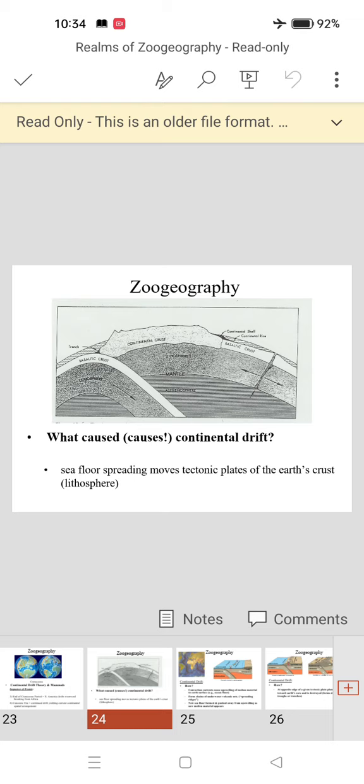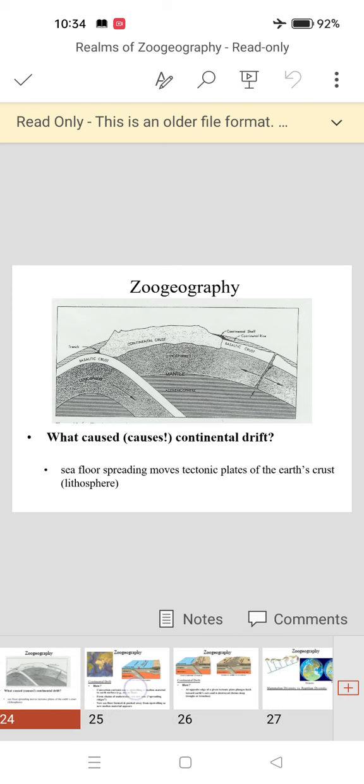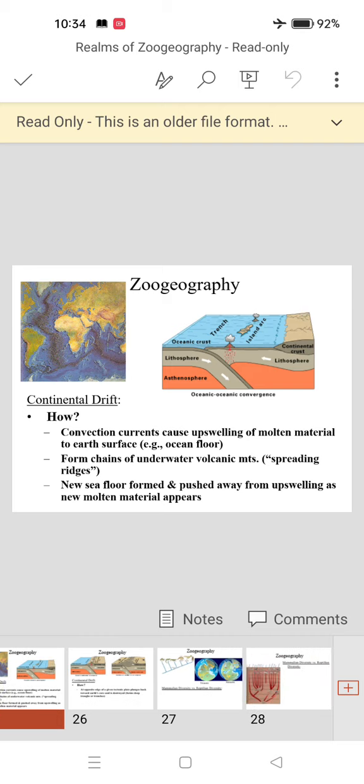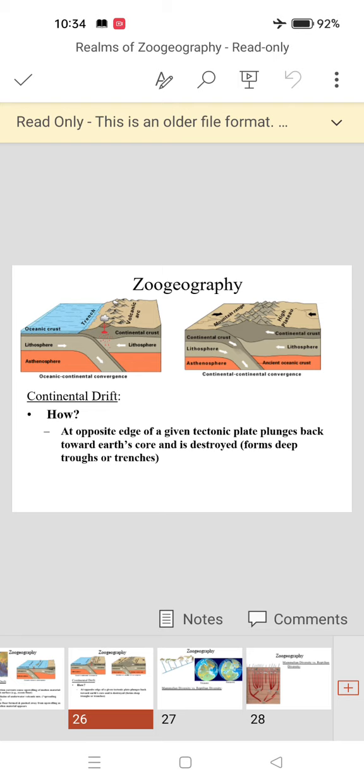Sea floor spreading moves the tectonic plates of the earth's crust, the lithosphere. Continental drift is important for oceanic crust and trenches: the opposite edge of a given tectonic plate plunges back towards the earth's core and is destroyed, forming deep troughs or trenches.